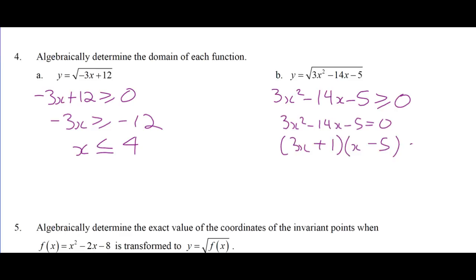Minus, plus. Okay, so x is negative 1/3, or x is 5. I'm going to sketch that. So I've got a negative 1/3, I've got a 5. Which way does it open? Up. Okay, so putting this together, what's the answer?